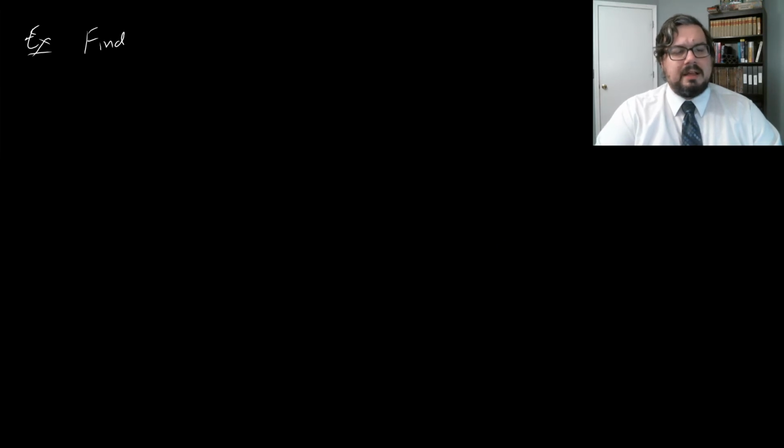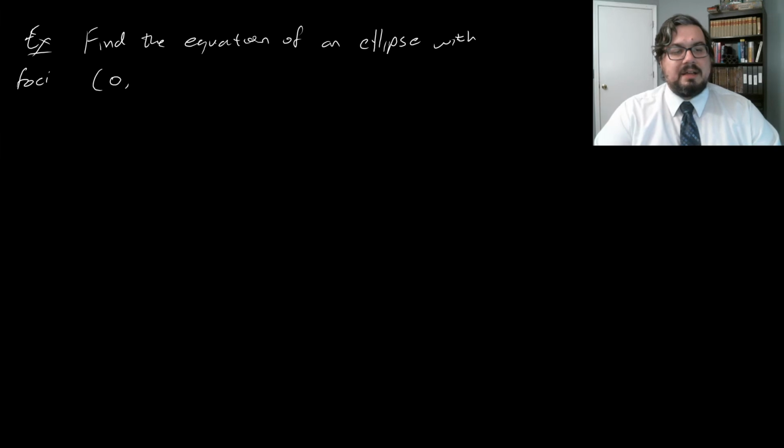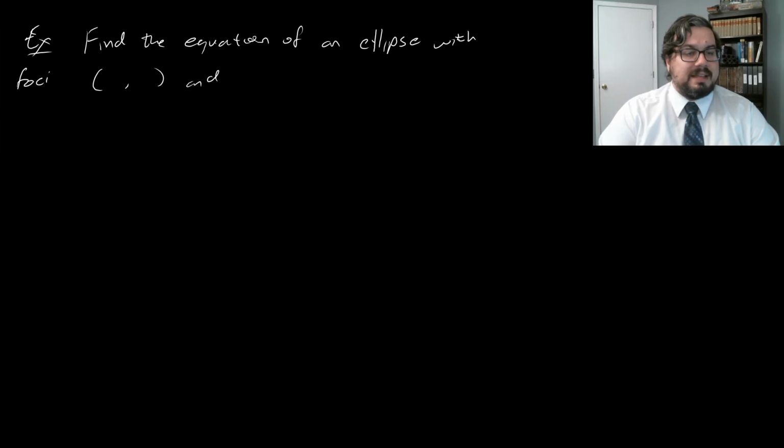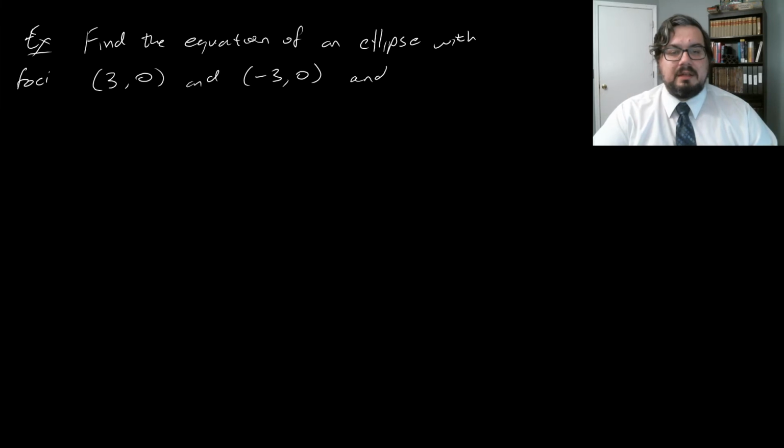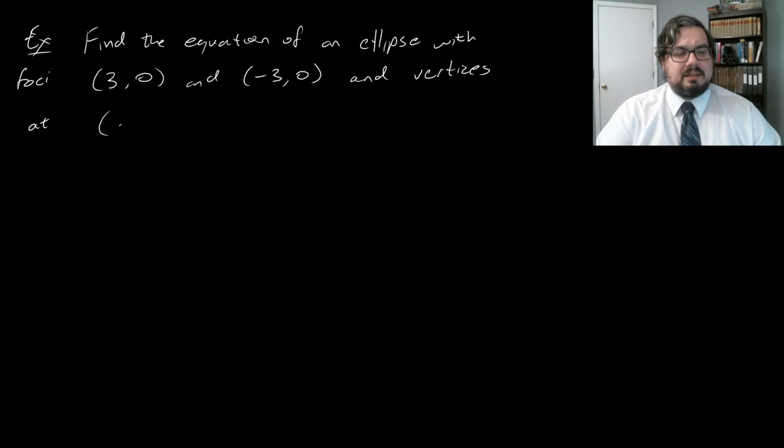So let's find the equation of an ellipse with foci 3, 0 and -3, 0 and vertices at 0, 4 and 0, -4.